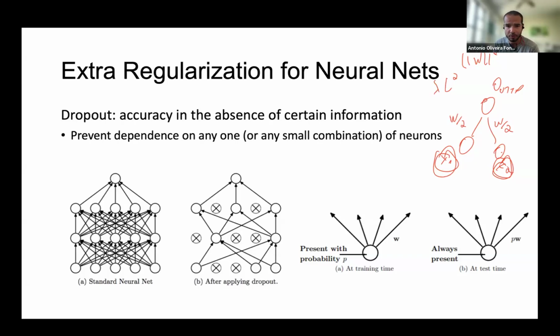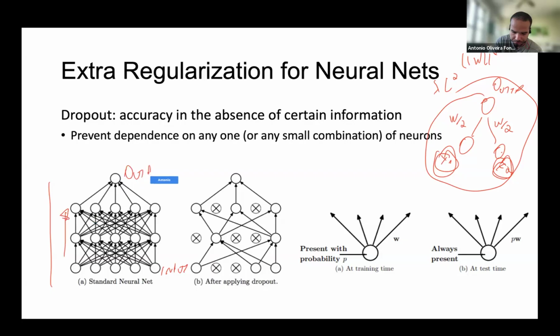What people have noticed helps to address this type of problem is to eventually drop the usage of some nodes. For example, here we have a standard neural network. Here we have the input, this information is traveling in this direction, and here we have our output.